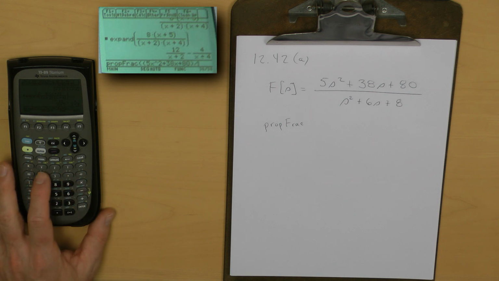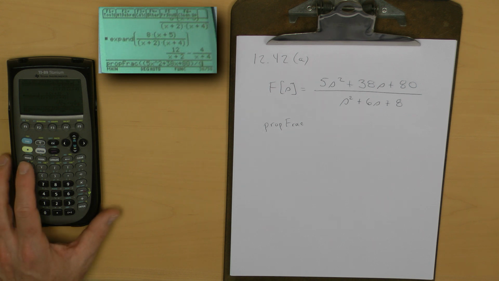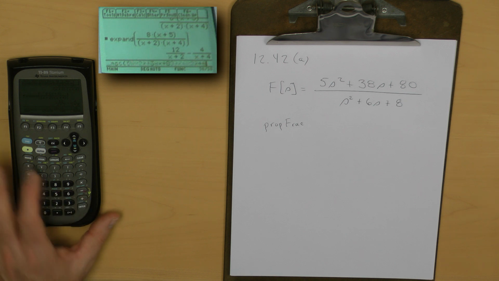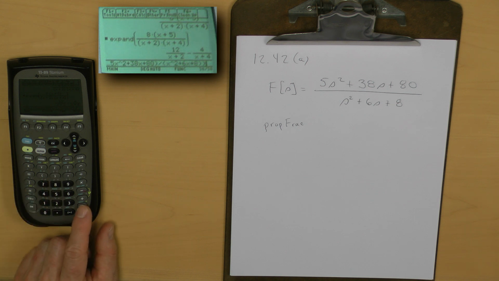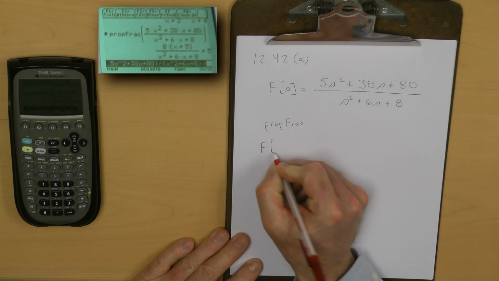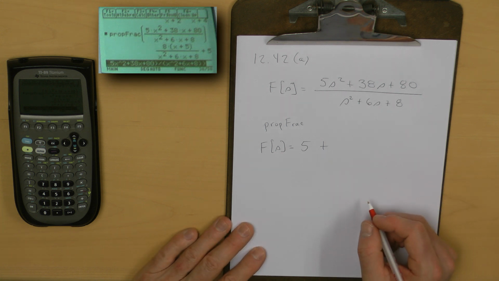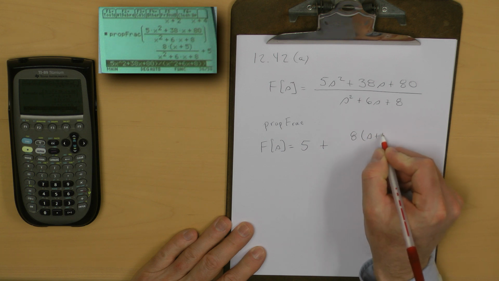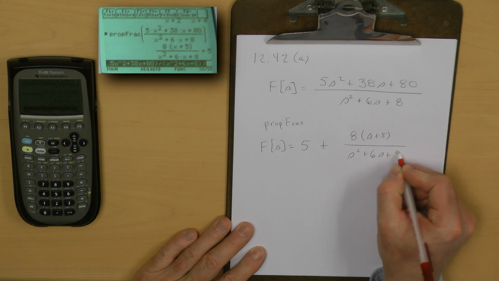I'm going to divide that now by the denominator, which I open up another parenthesis, and I have x caret 2, plus 6x plus 8. I'll close the denominator, close the function properFrac, hit the enter key, and now I have capital F of s as 5 plus, and now I have the isolated proper fraction that I was looking for, (8s plus 5) over (s squared plus 6s plus 8).